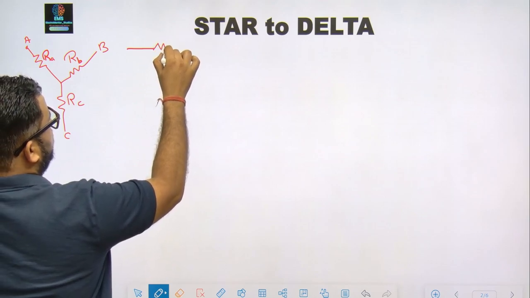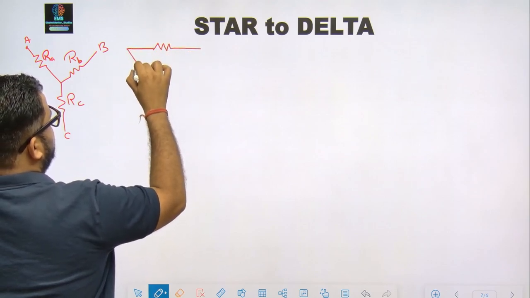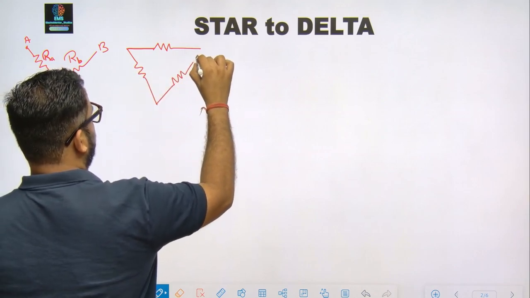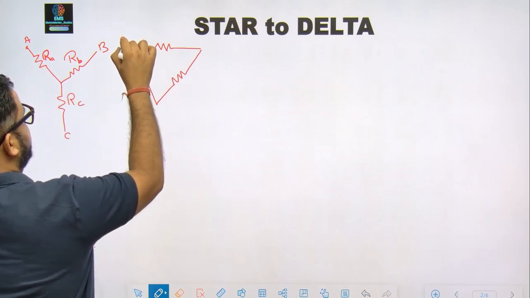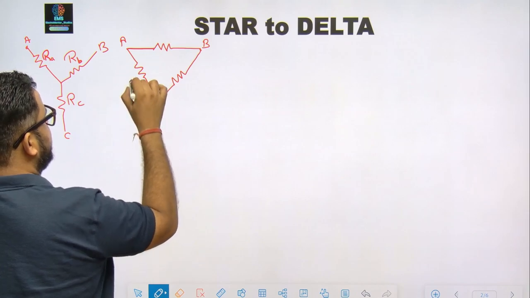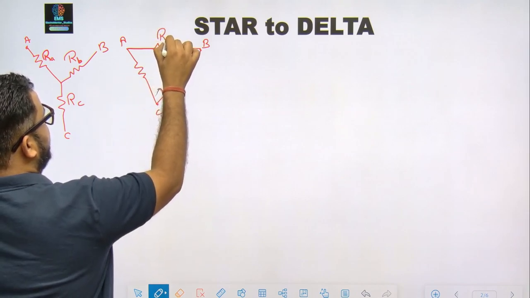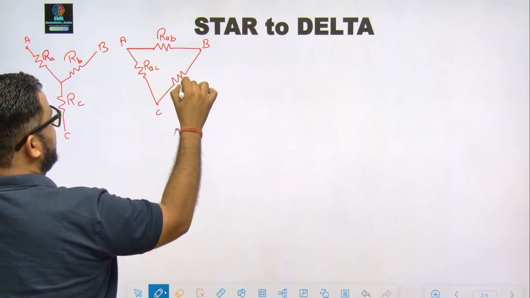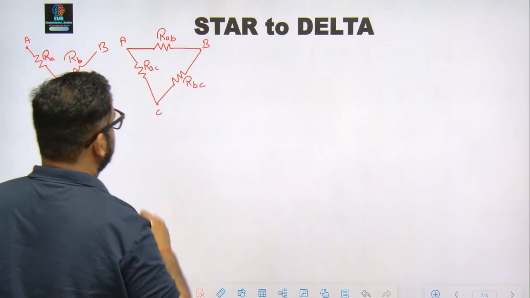I want to convert these networks either star to delta or delta to star. Let us say this is A, this is B, and this is C. So this resistance becomes RAB, this becomes RAC, and this becomes RBC.